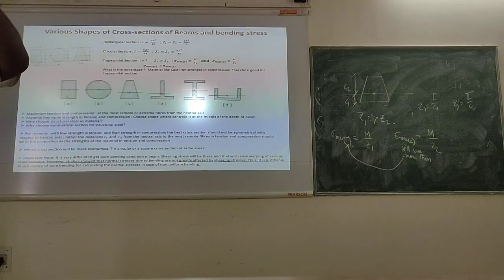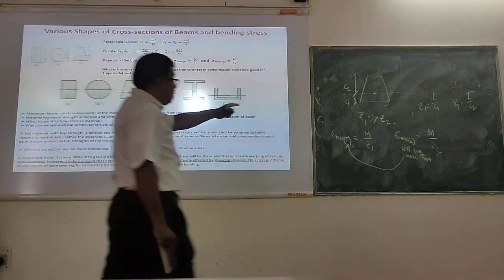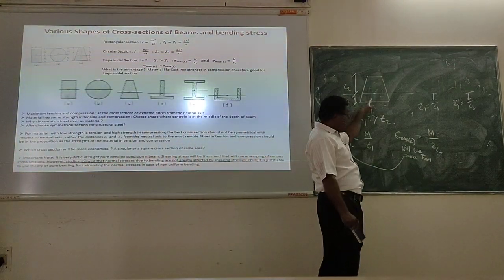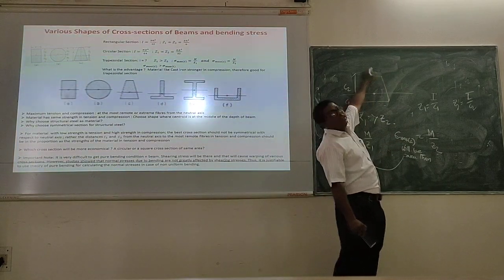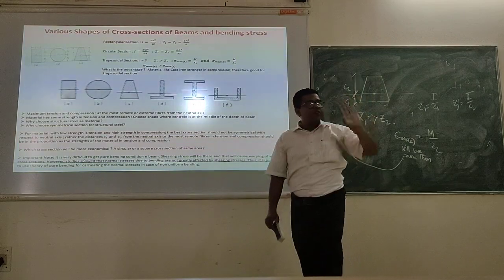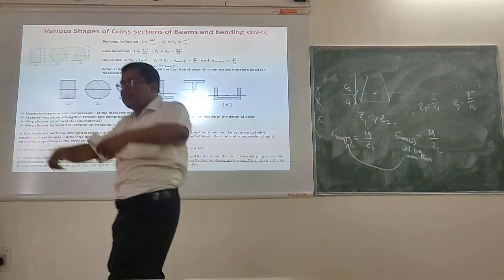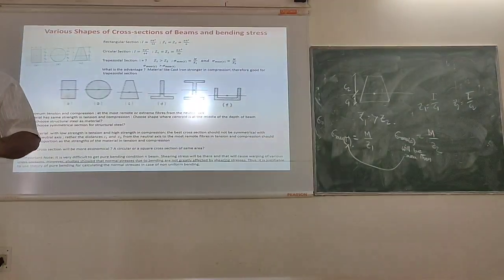Because compression is more, if I keep a trapezoidal section, my compression will be more at the upward section. And concrete is good in compression, so you can take a huge amount of compression. And it is bad in tension, so tension will be coming lesser.